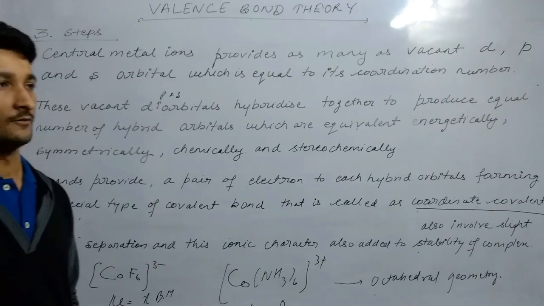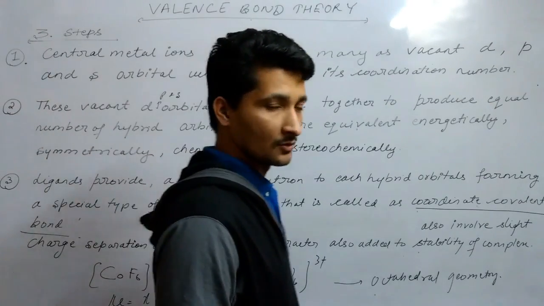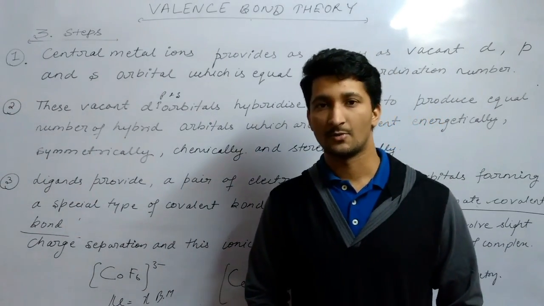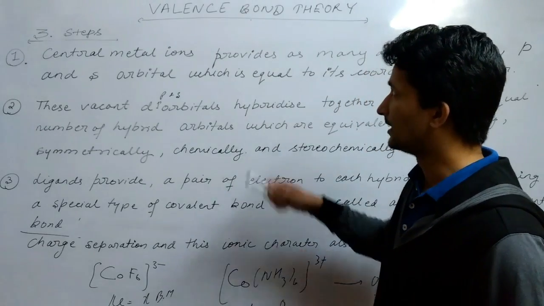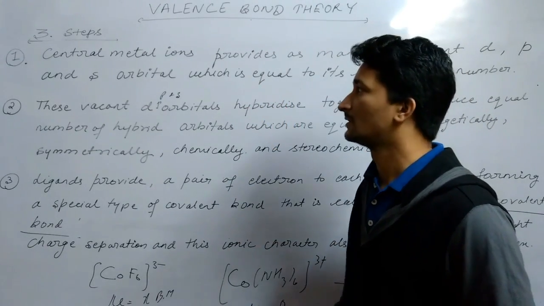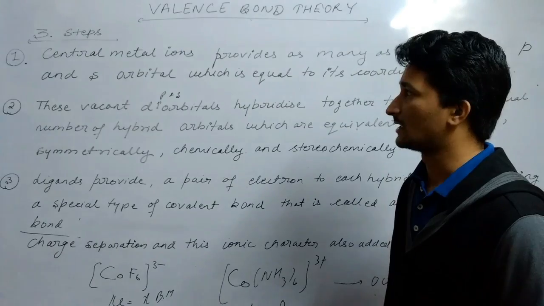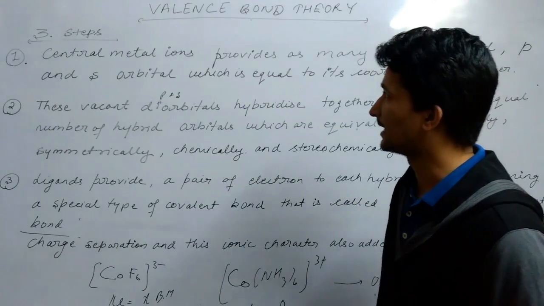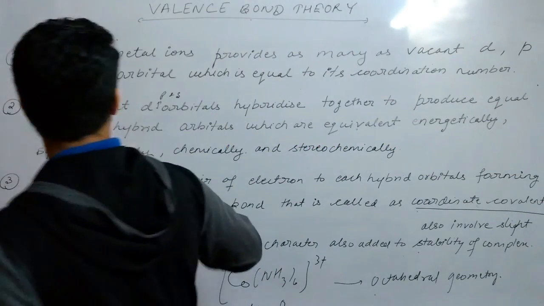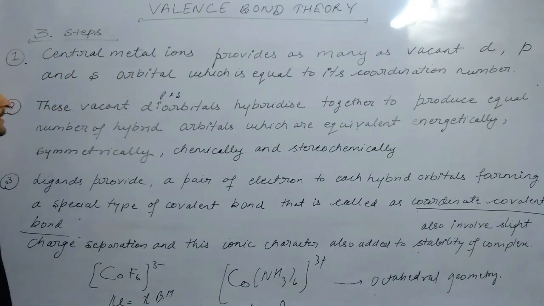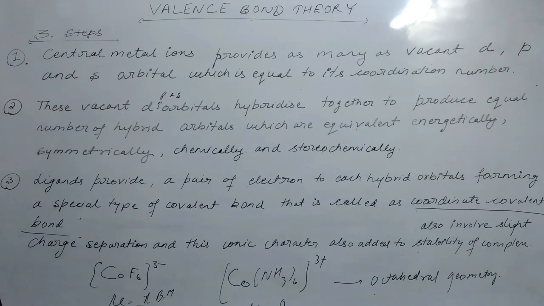Therefore, a new theory, valence bond theory, was applied to coordination compounds. Valence bond theory in coordination compounds takes place in 3 steps. First, the central metal ion provides as many vacant d, p and s orbitals as its coordination number.